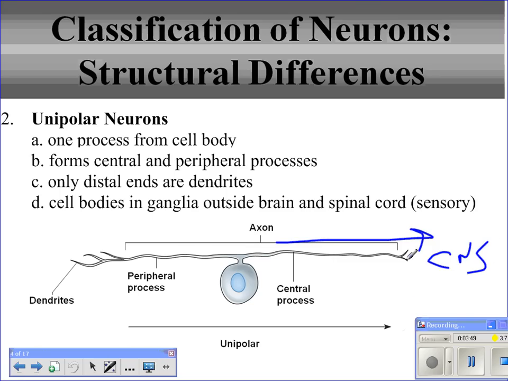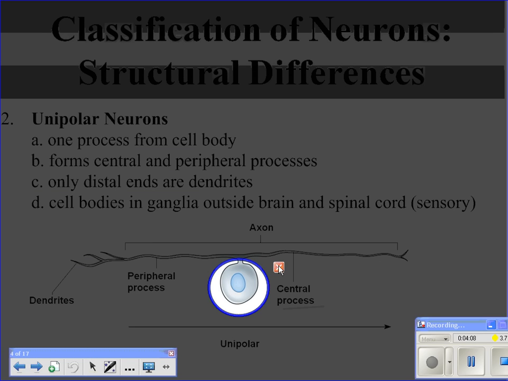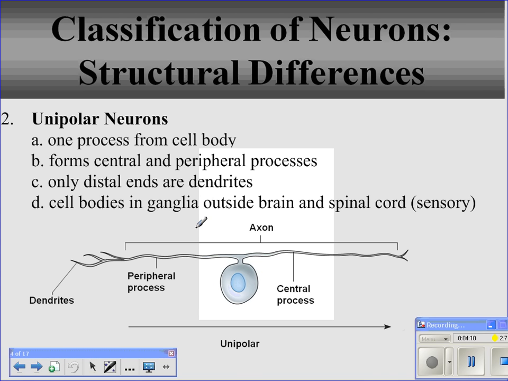So here would be the axon terminal end ending up in the brain or spinal cord, and again the dendrites here. So the peripheral process sits more distally, the central process sits more proximally, depending on the situation. One thing that's unique about the soma, or the cell body, which we looked at right here a little bit earlier, typically they sit in things called ganglia.